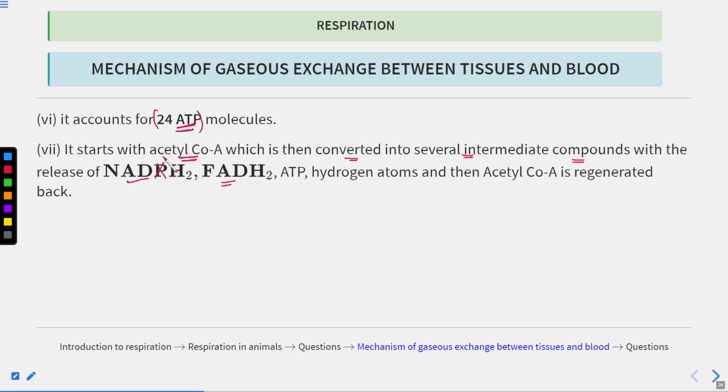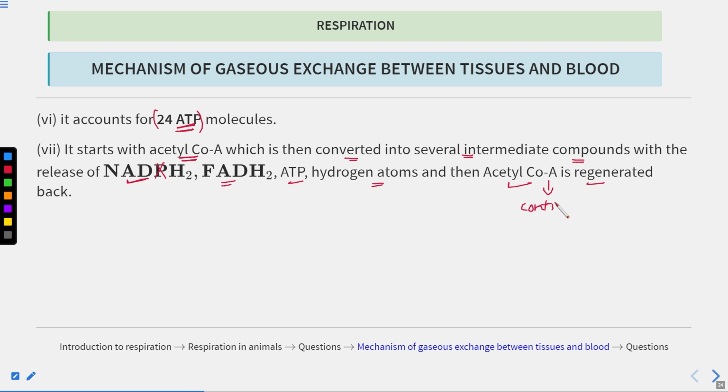I've told you in the previous lecture also, whenever we talk about the mitochondria, we'll talk about NADH. ATP is also produced, hydrogen atoms are produced, and then in the end acetyl coenzyme A is regenerated, and this regeneration is very important for the continuation of the cycle.